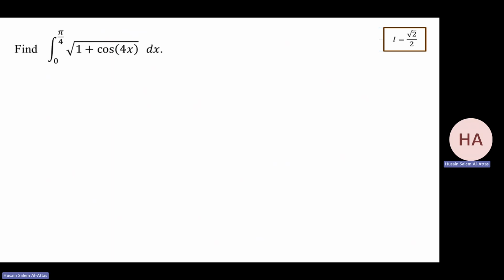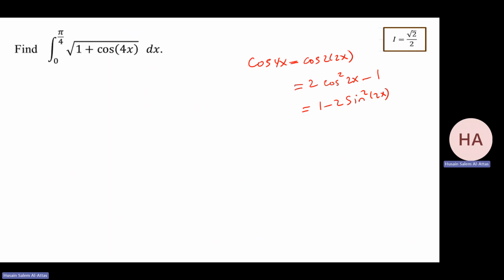If I'm using the double angle, cosine 4x will be cosine 2 times 2x, and that has two formulas: 2 cosine square 2x minus 1, and the same 1 minus 2 sine square 2x.